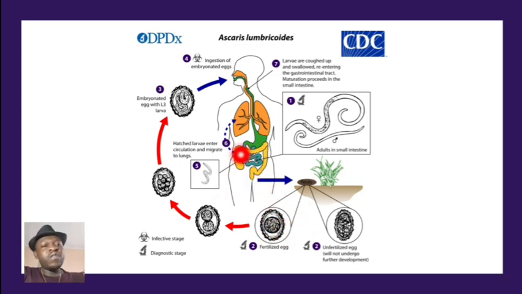Then the second pathway from the intestines in general, from the small intestine, is because there is absorption into the blood. So it's a hematogenous pathway. They migrate to the lungs, causing that pneumonia we talked about on the previous slide, right?